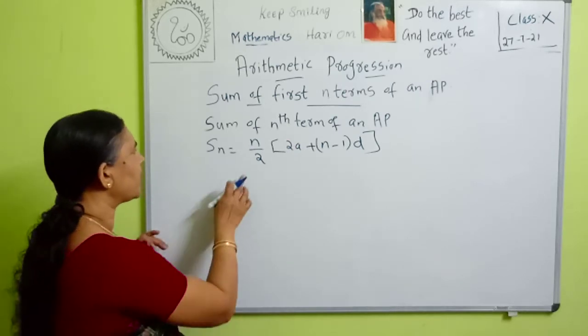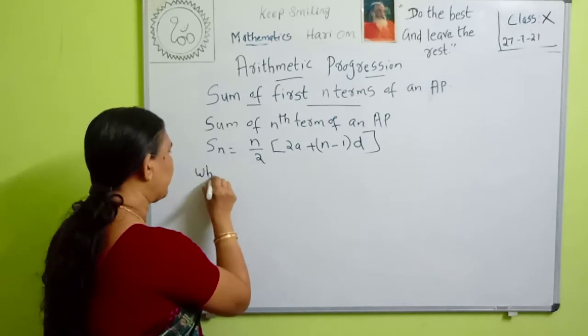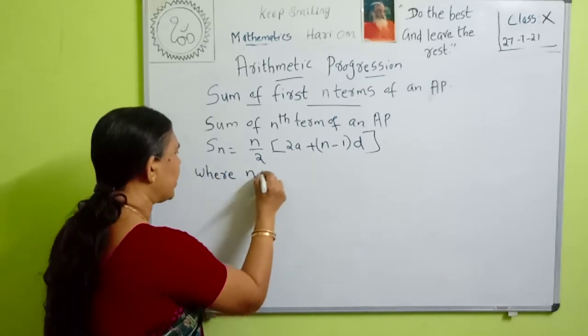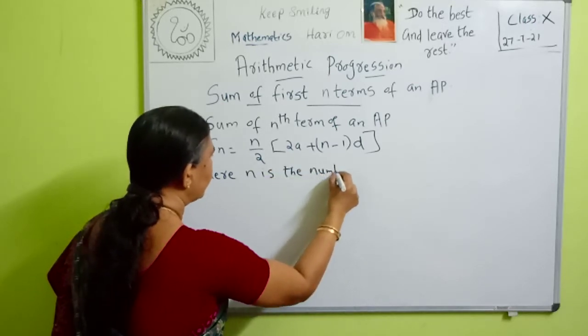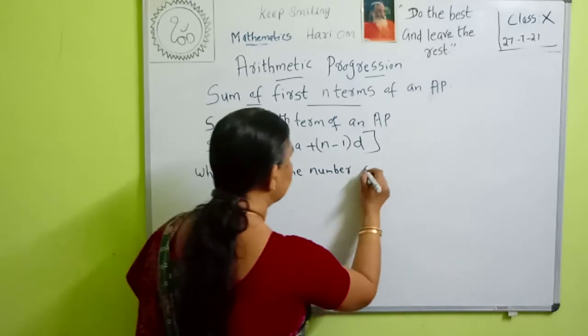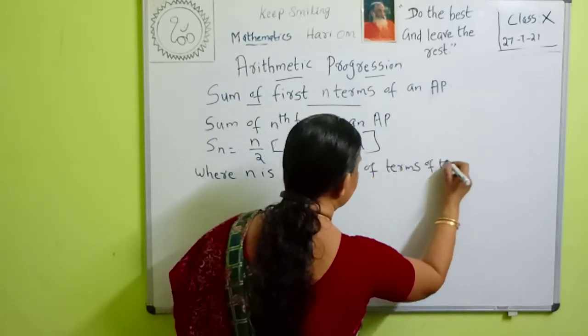Where Sn means sum of n terms, and n is the number of terms of the AP.